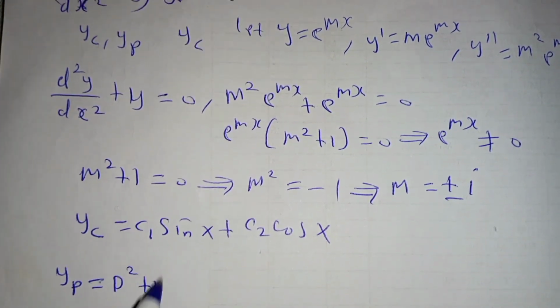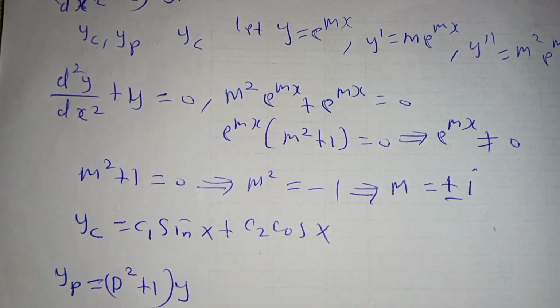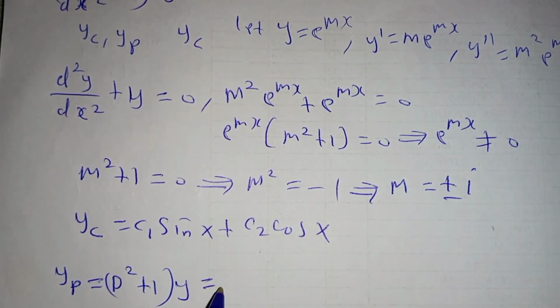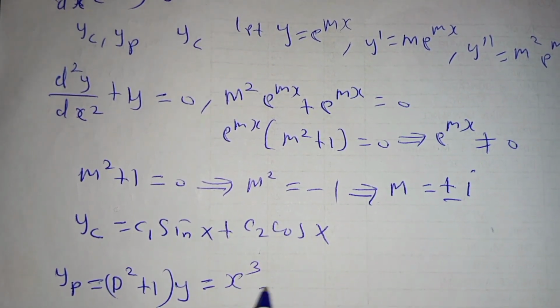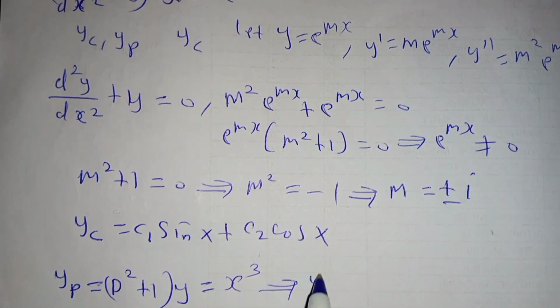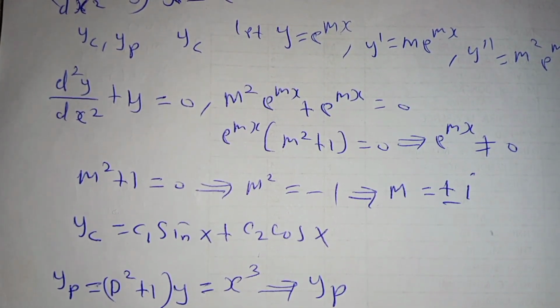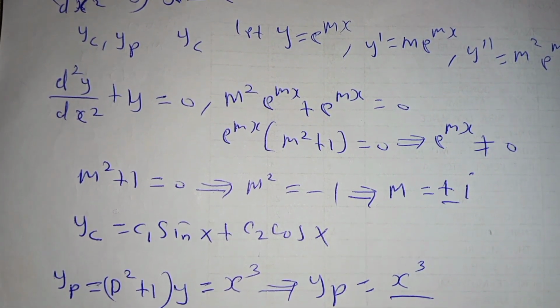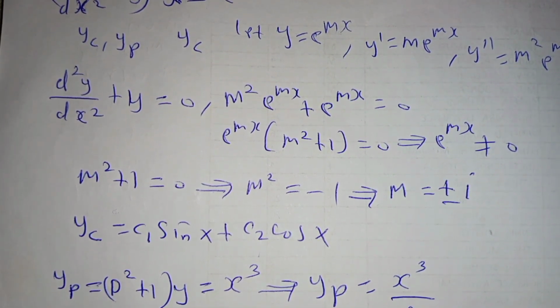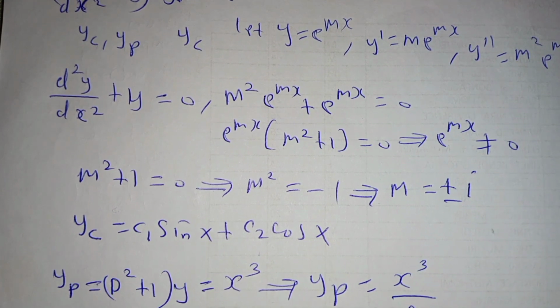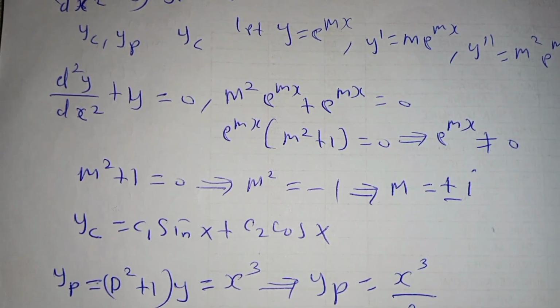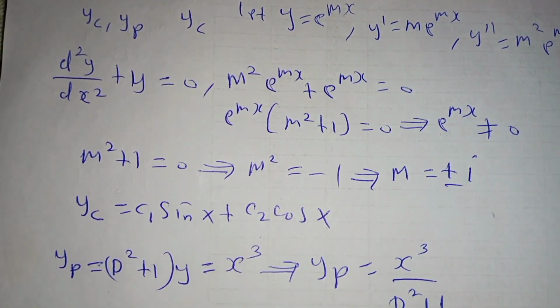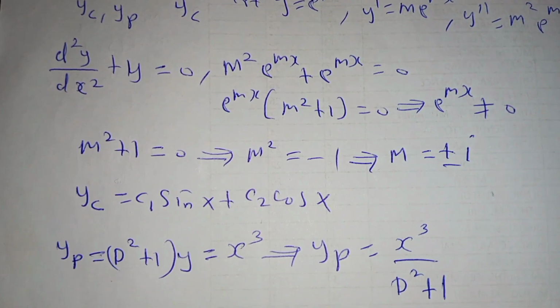Then in symbolic form, our y particular will be equal to (D squared plus 1) times y. This is given by x cubed, which means that our y particular will be x cubed divided by D squared plus 1.